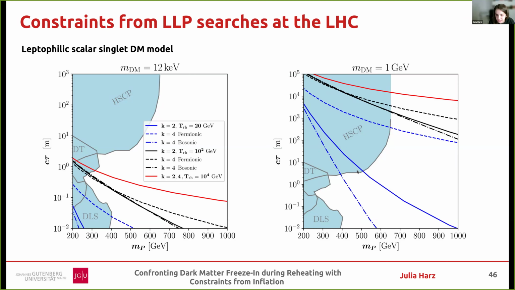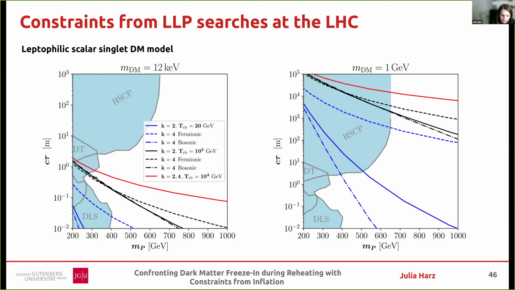But what it also tells you is, for instance, this is the same plot but for larger dark matter mass. You see that if you had thought you were excluding parent particle masses up to, say, 300 GeV in this case, but we have another thermal history or another history in the evolution of the universe, this statement might be too strong, because it could still be valid for, for instance, lower reheating temperatures.